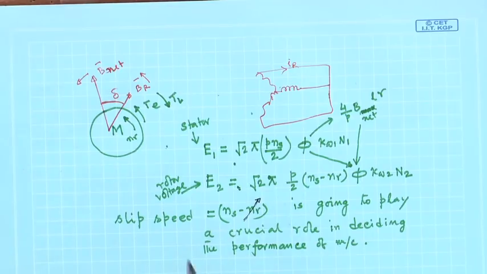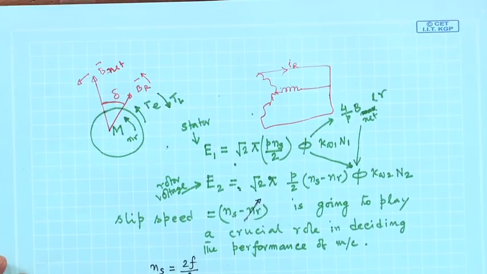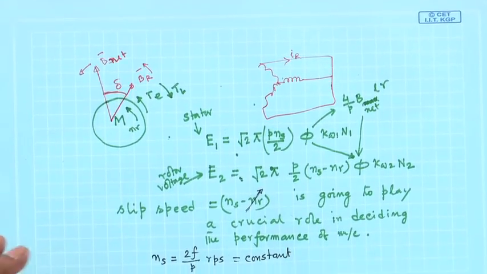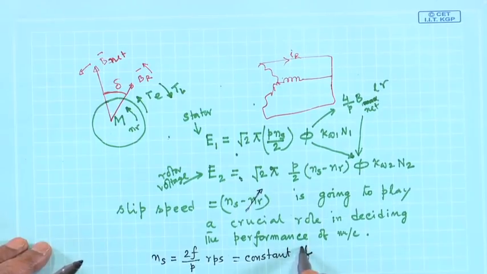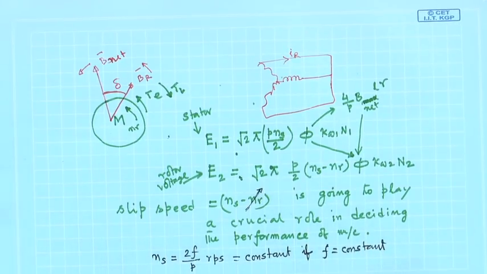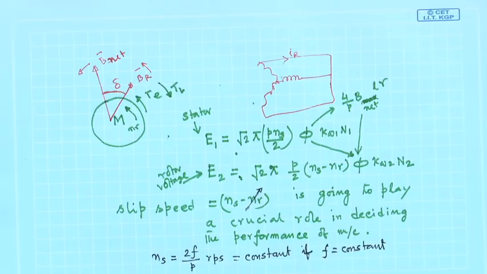But Ns is constant. Ns is 2 f by P, the mechanical speed, and is constant if f is constant. In earlier days, this supply frequency was constant.